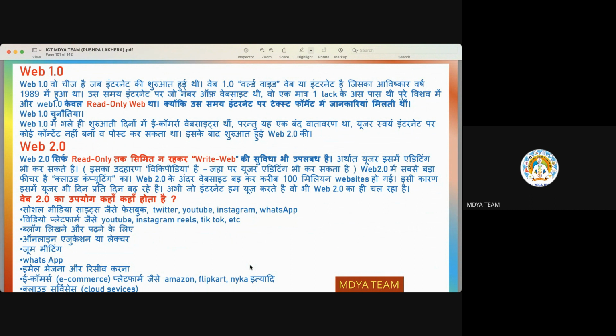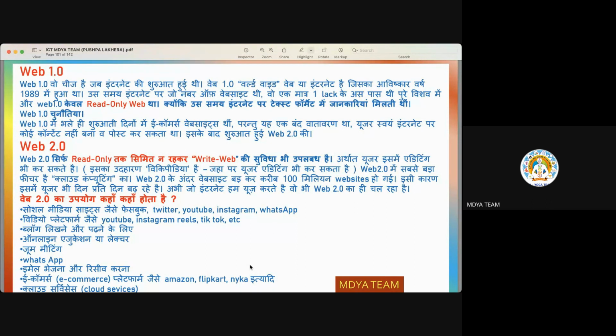The main feature of Web 2 was cloud computing. There were 100 million websites in Web 2, and the number of users increased by multiple folds.